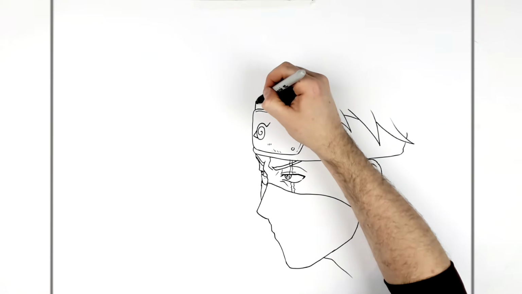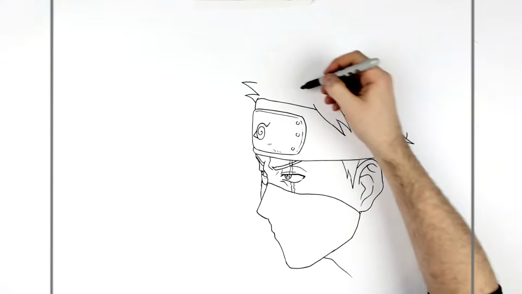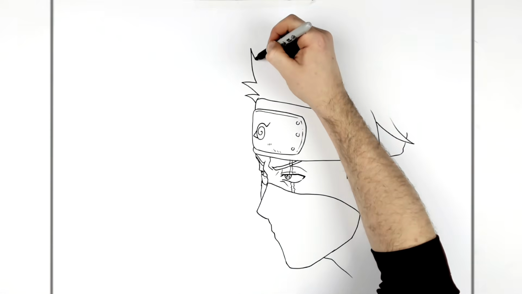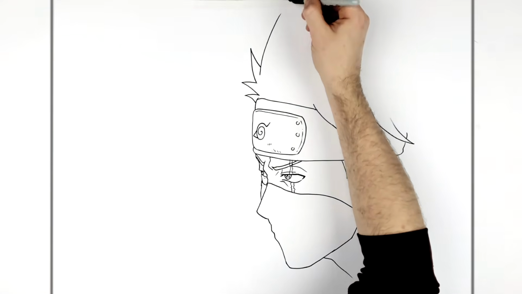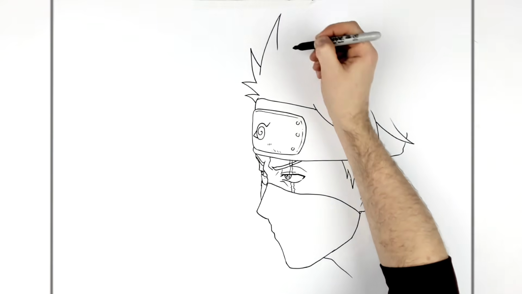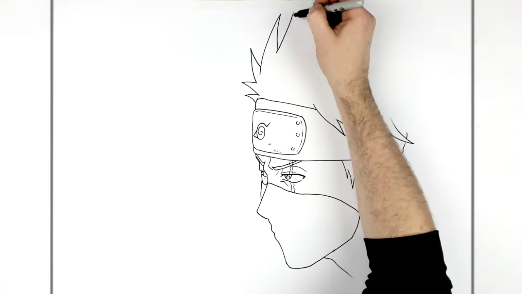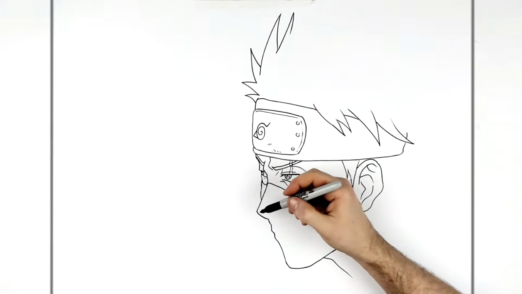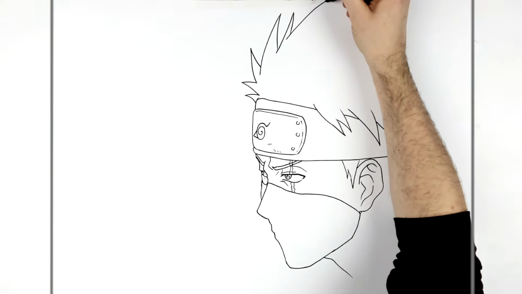So real big hair spikes, right? There, spikes up this way, and then another one to there, down like so. To there.